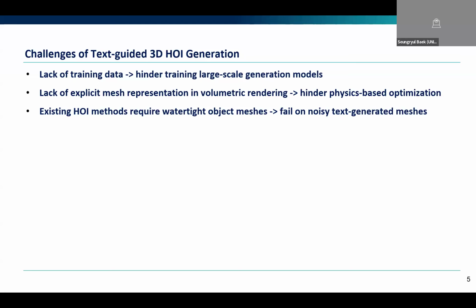And third, even if we generate an object from text, the object meshes are very noisy and often include inner surfaces or intersections, which results in noisy vertices and faces, and can cause problems when you directly optimize those meshes.